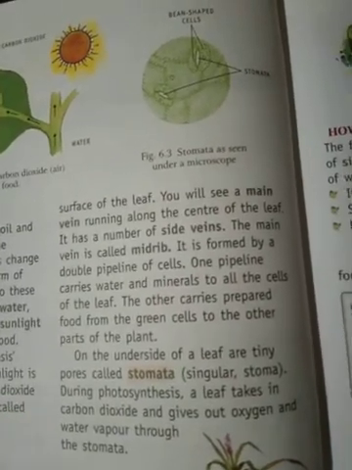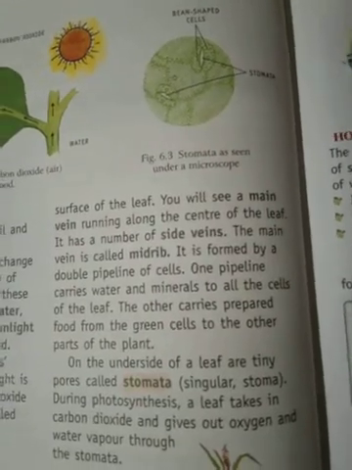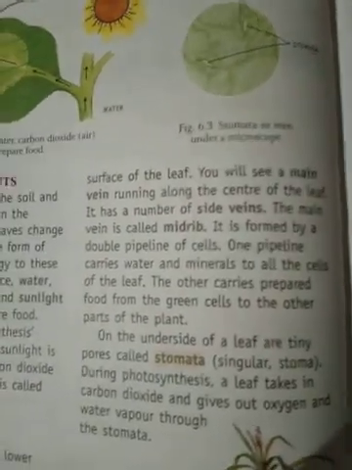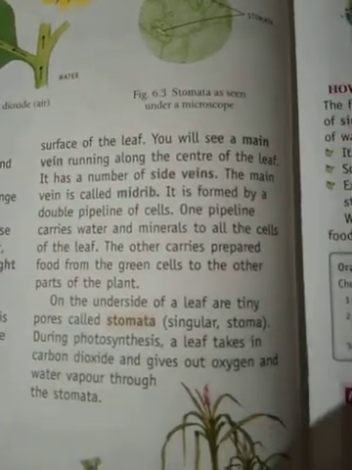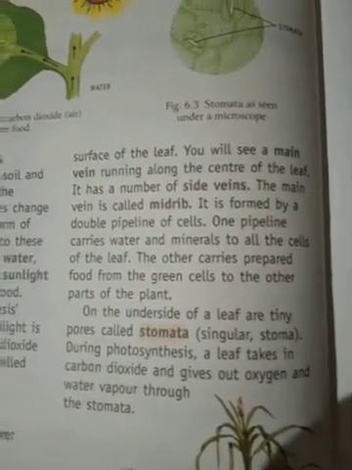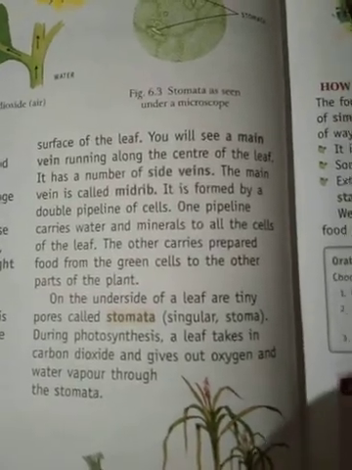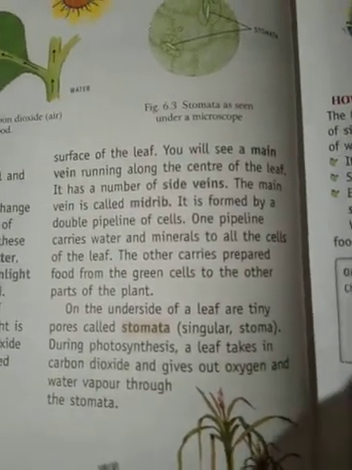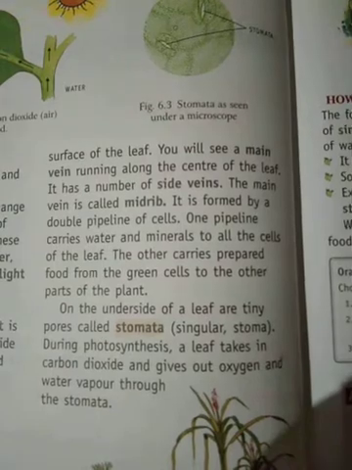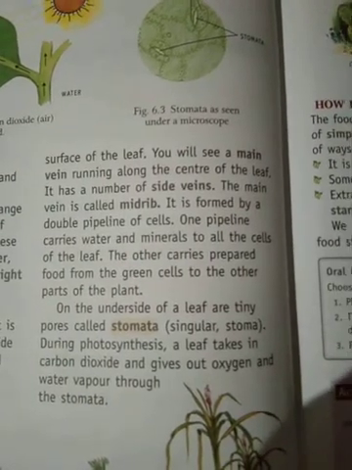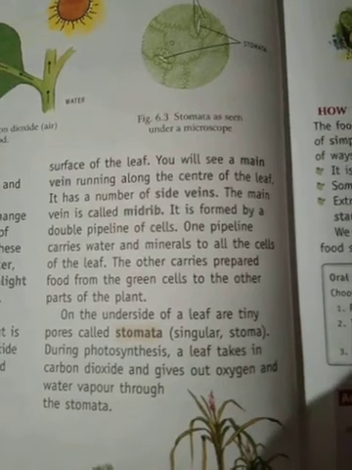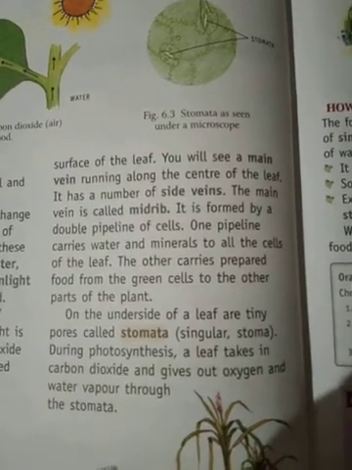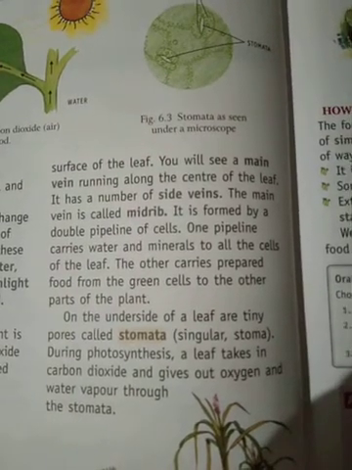So how will it be possible for them to prepare food? They also need food for their growth and development. So that means there should be transportation of food from the leaf to the other parts of the body, or you may say up to the root.